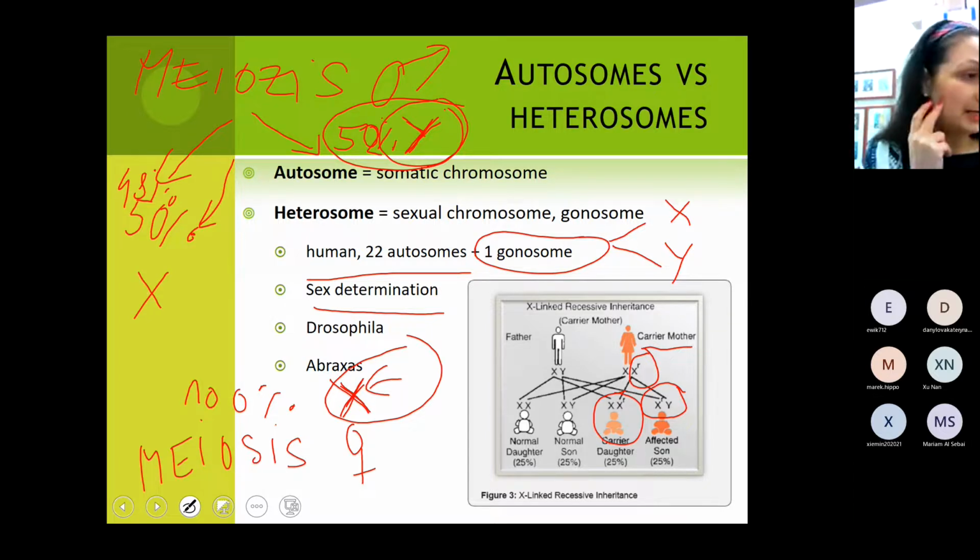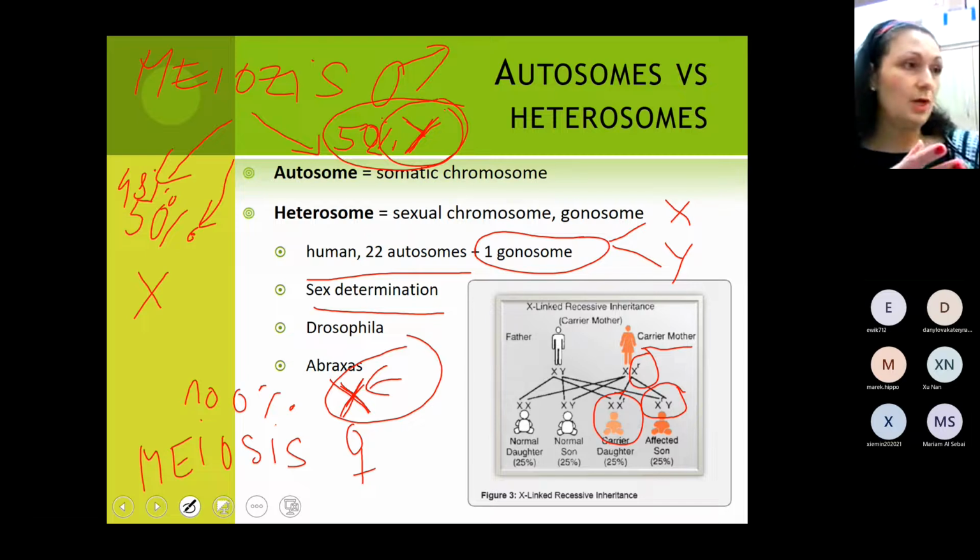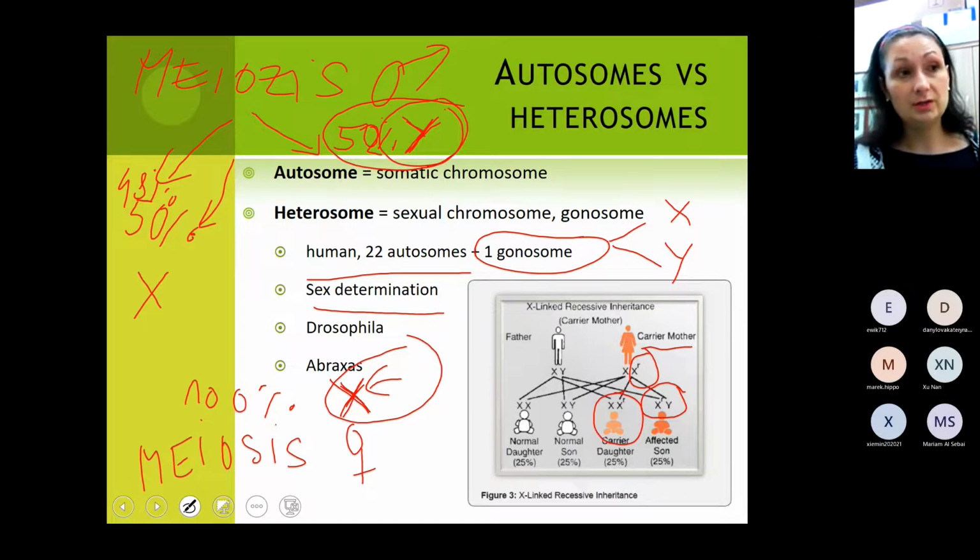For example, 100 years ago, we had the family from Russia, Caesar Nicolais, and his son. His son was affected with hemophilia.